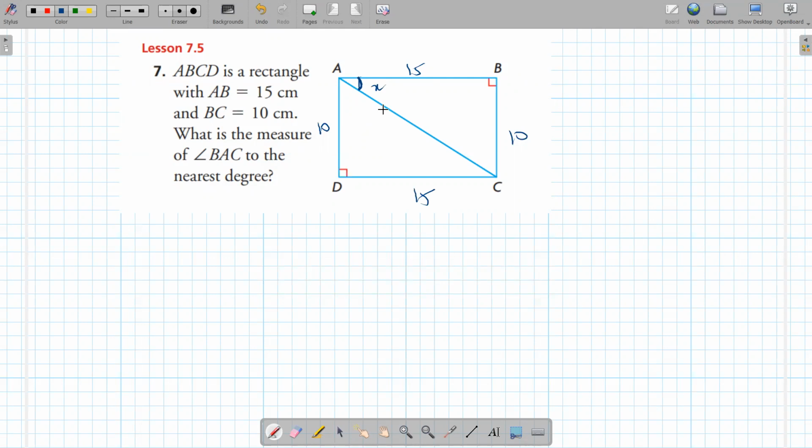How do we solve that? So what's the approach here?